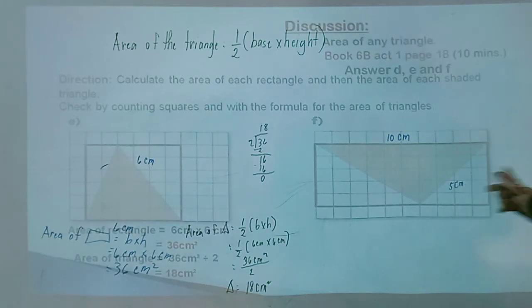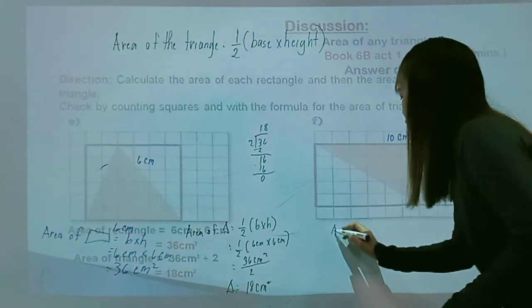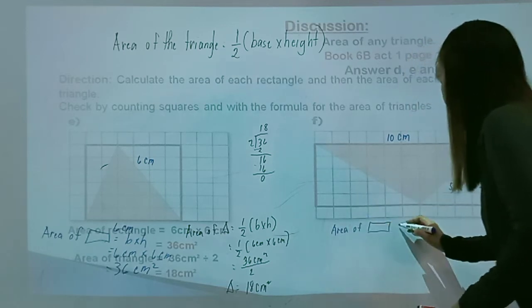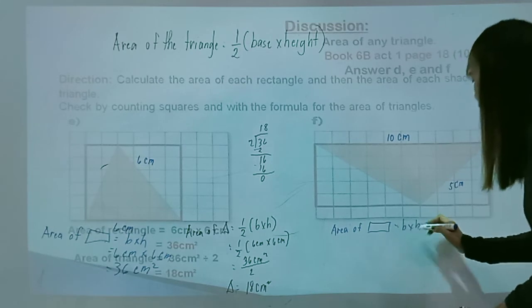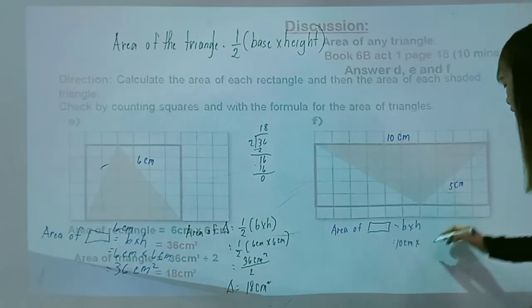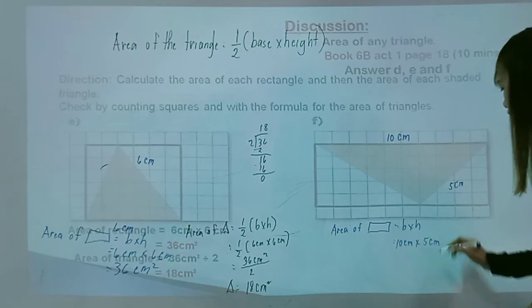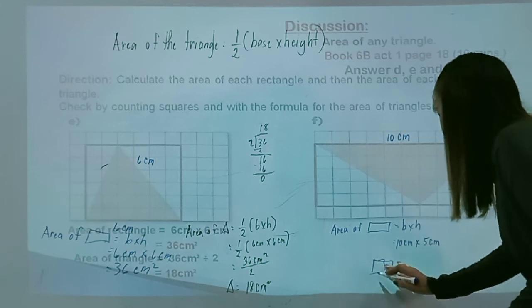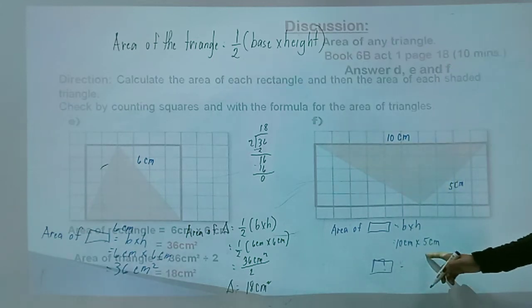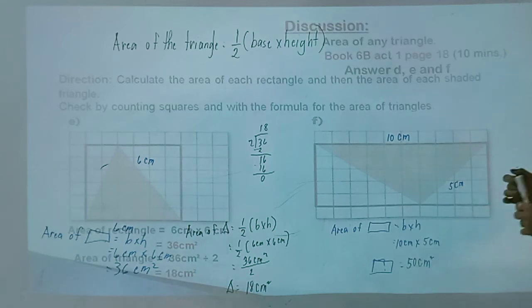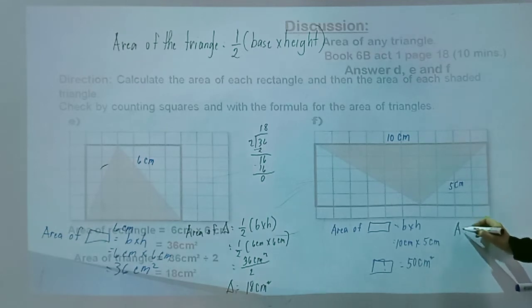Now let us get the area of the rectangle. The area of the rectangle is equal to base times the height. The base is 10 centimeter and the height is 5 centimeter. So the area of the rectangle is equal to 10 times 5, which is, very good, 50 centimeter squared. Now let us find the area of the triangle.